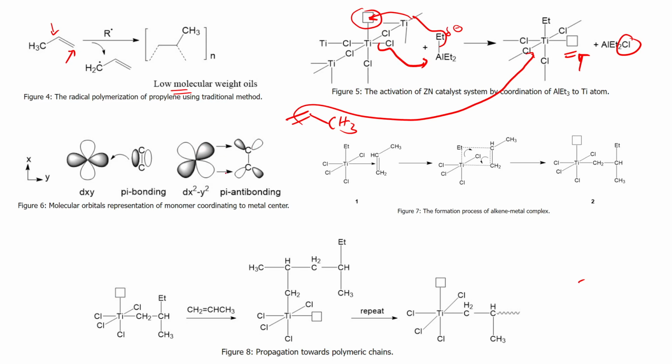And from the metal to your monomer unit or olefin, the dx square minus y square orbital of your metal can interact with the antibonding pi star. You can say it this way. So that can be donated like this. So that's how this particular bond is formed.